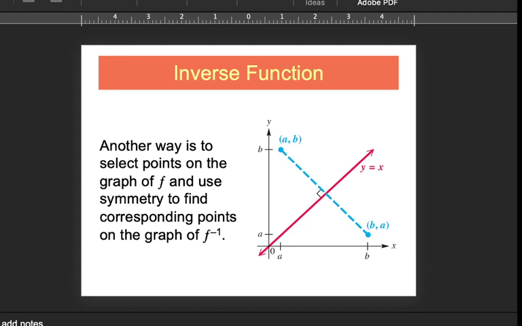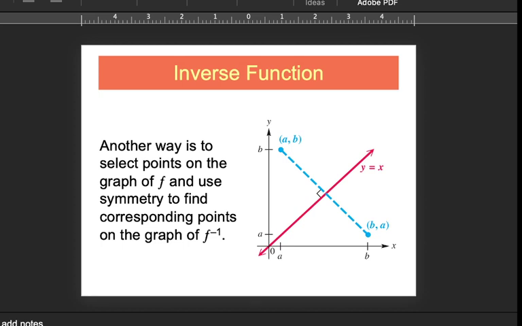So when we're told to switch x, y to y, x, that's going to represent this red line here. The red line is a line of reflection, and that line is y equals x. If we were to graph not only the given function, but its inverse, and also this line y equals x, we would see symmetry.